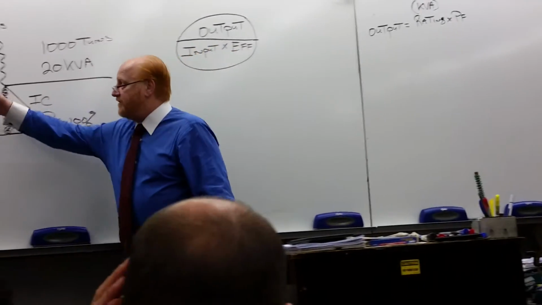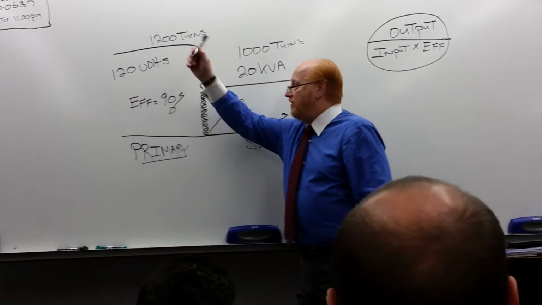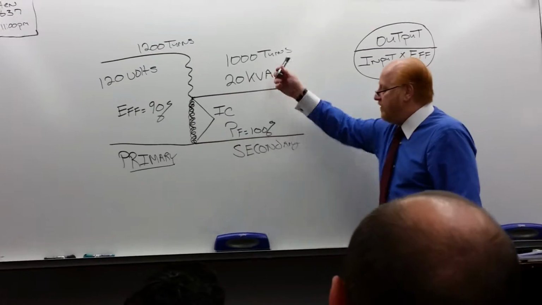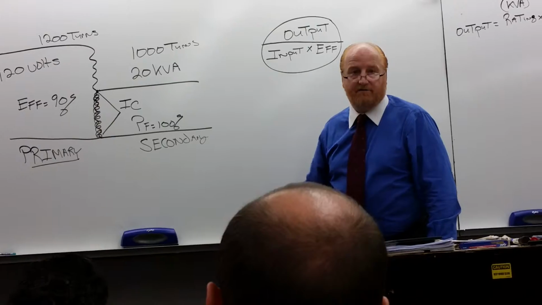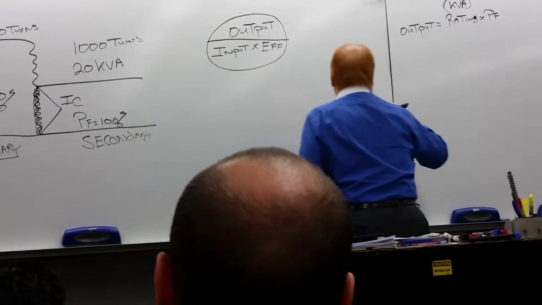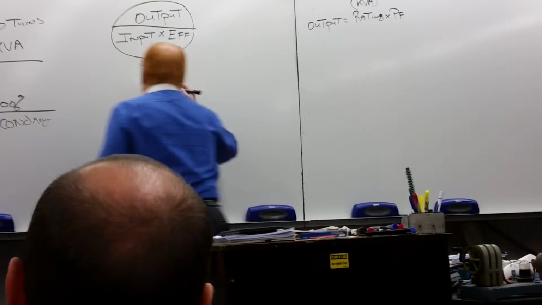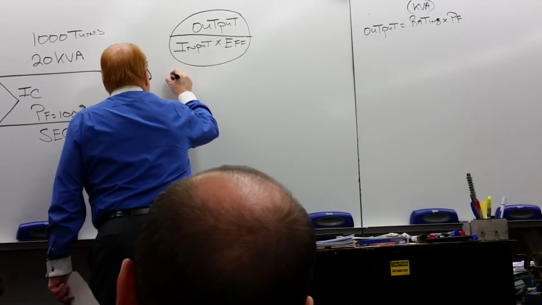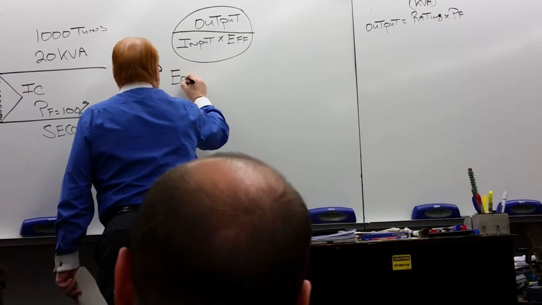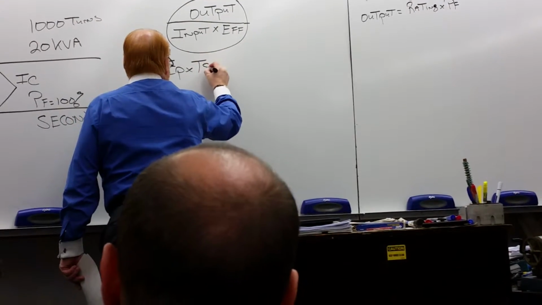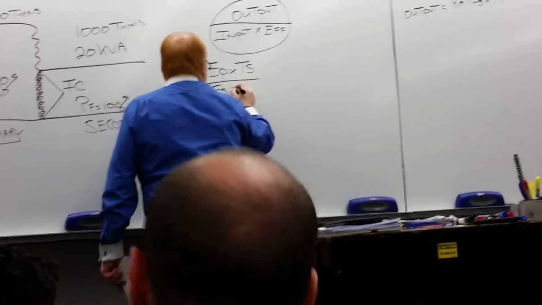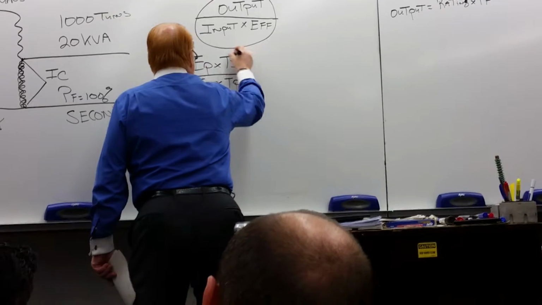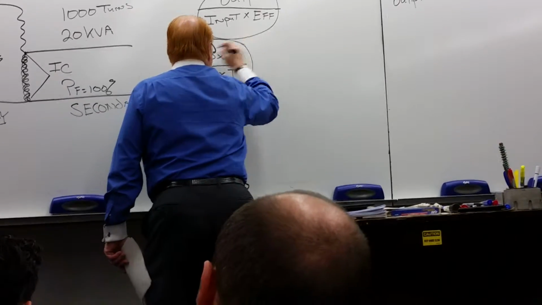I have a voltage. I have turns on the primary. I have turns on the secondary. I have no voltage. I need a voltage. I write a formula. I'll say voltage of the primary times turns of the secondary is to the voltage of the secondary times turns of the primary. I put a circle on this.